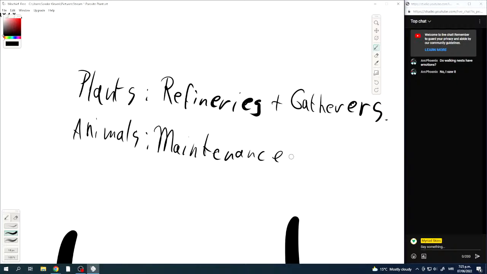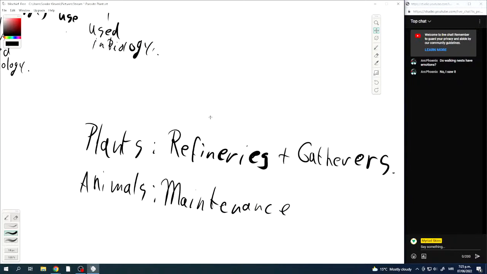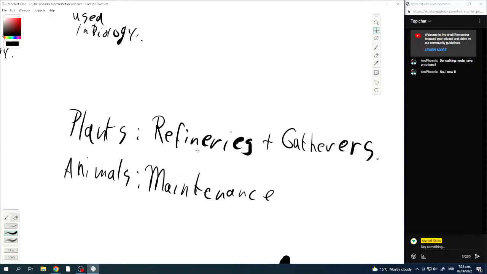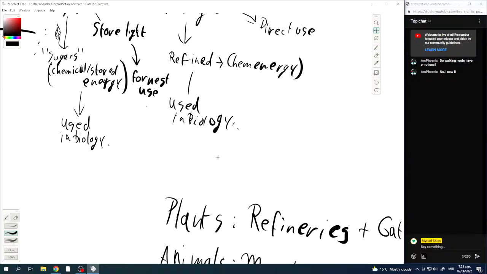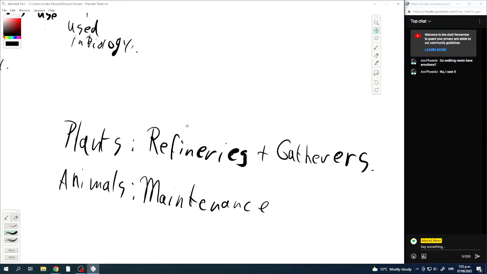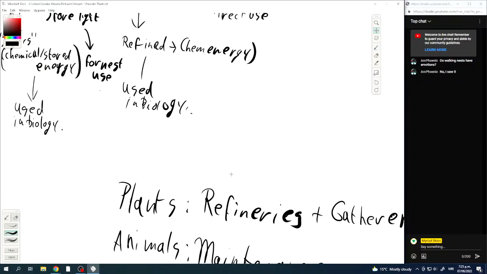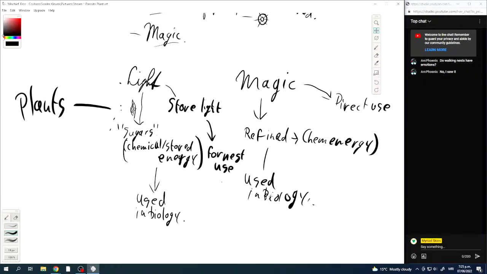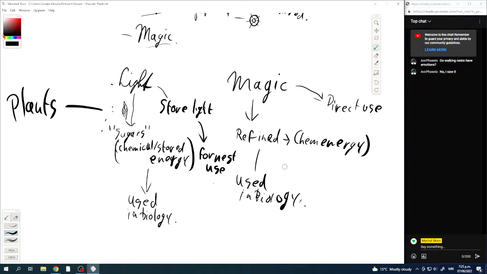Basically maintenance and making sure that it keeps operating and can keep continuing. So I think that is basically the general roles of the organisms in the cultivated areas of A7.